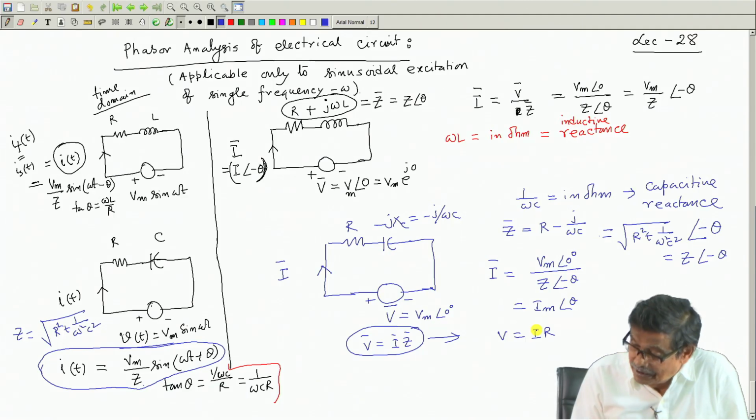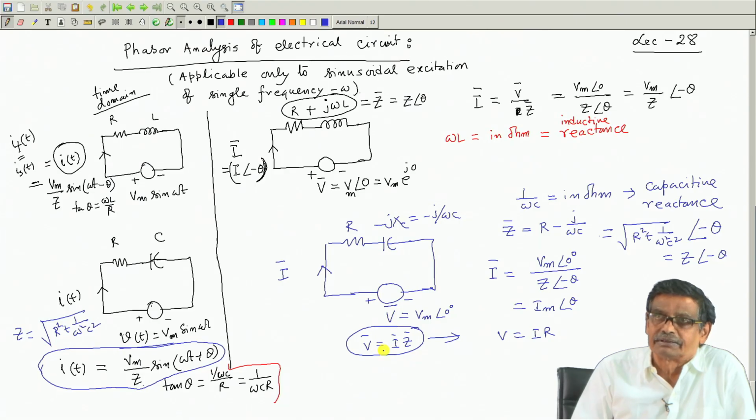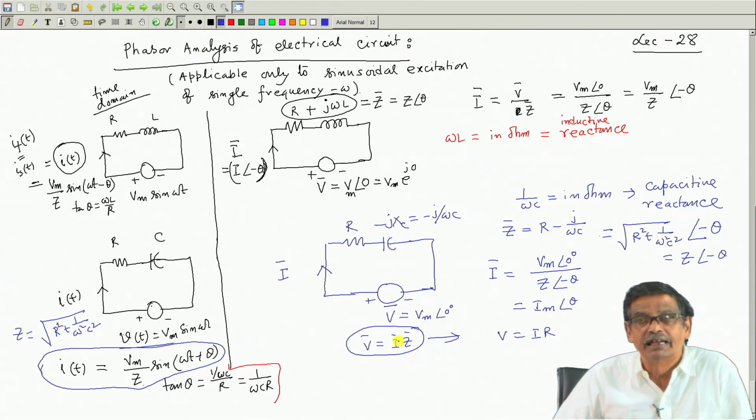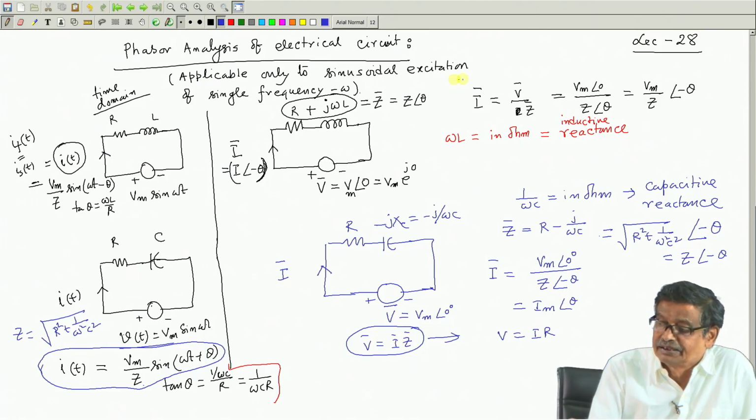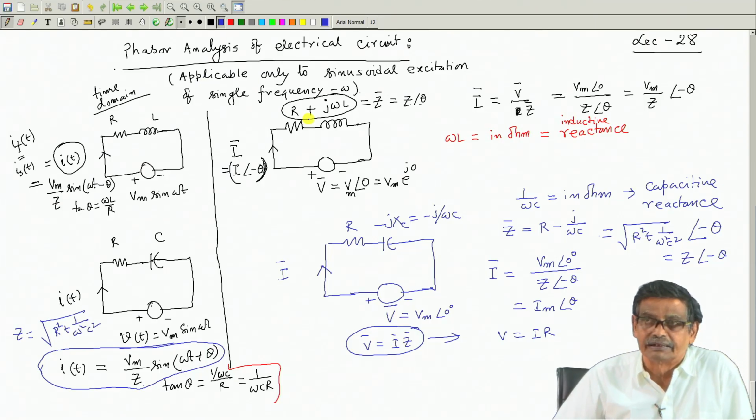Only thing to remember is that these are no longer real constant numbers, but they may be complex numbers. That is all. No solution of differential equation now, if the excitation is sinusoidal in nature.